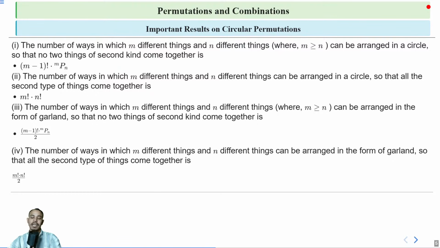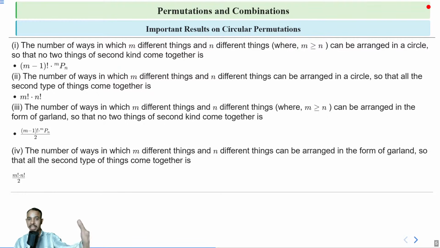And within the block the n different things can be arranged in factorial n ways. So the number of ways in which they can be arranged in the form of a garland so that all the second type of things come together is factorial m times factorial n divided by 2. This is the final formula.